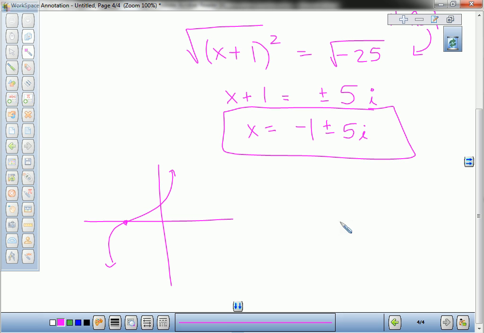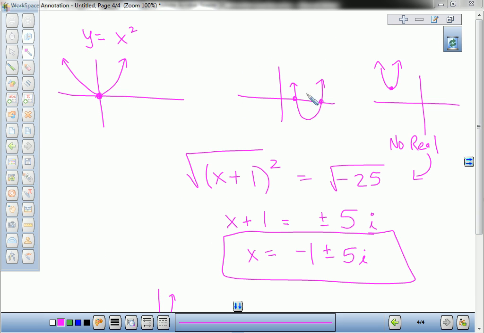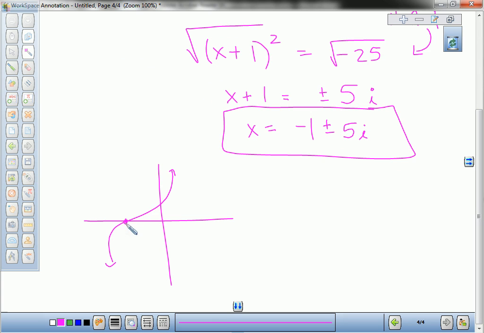So with a cubic, every time we're going to have 1 answer. So a quadratic could have 1, 2, or no real. It could just have imaginary. But a cubic will always have 1. Now, these are the cubics that we're giving you. It's possible to have a cubic that has more than 1, but those equations we won't give you. They look a little different.